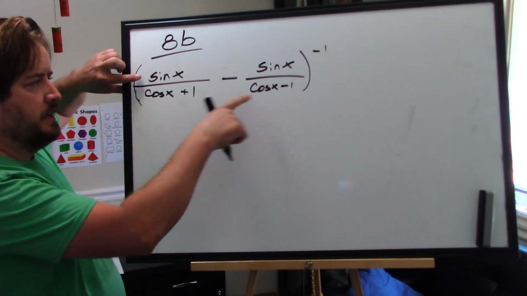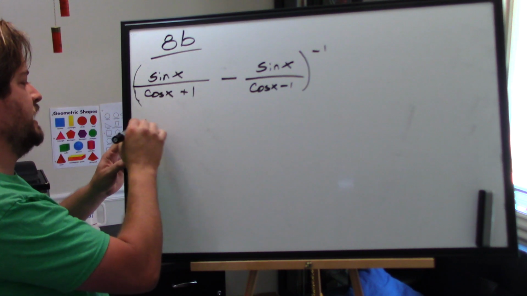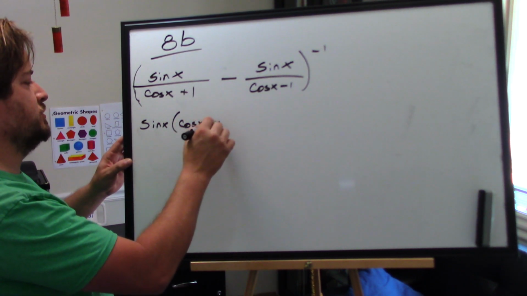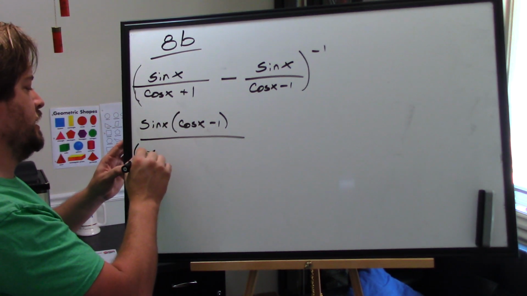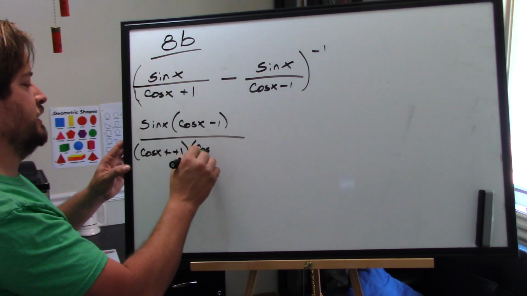But this needs a cosine x minus 1, so I multiply both the top and bottom, so this becomes sine of x multiplied by cosine of x minus 1, all over the common denominator of cosine x plus 1 multiplied by cosine of x minus 1.